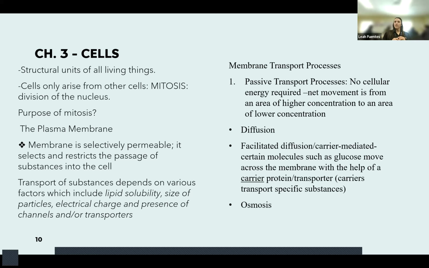You said diffusion was passive transport? It's passive, yeah. So again, facilitated diffusion is called facilitated because they have the help of a carrier protein. So again, what type of transport process has the help of a carrier? Facilitated diffusion.